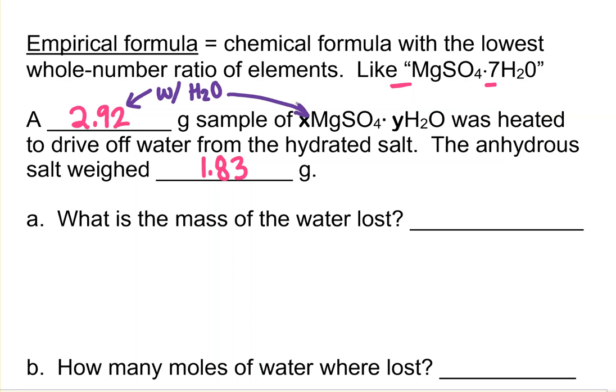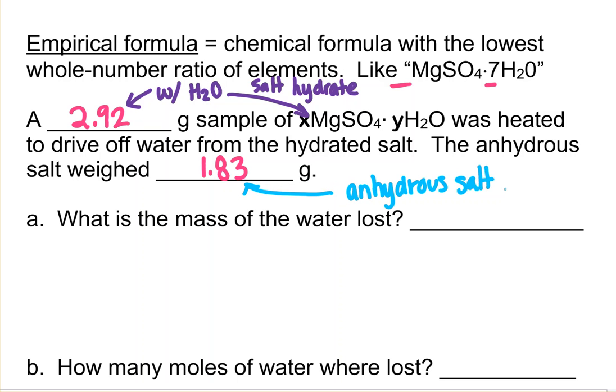Like this. And the number after this is the anhydrous salt. In other words, in this case, this would be just the magnesium sulfate without the waters attached.